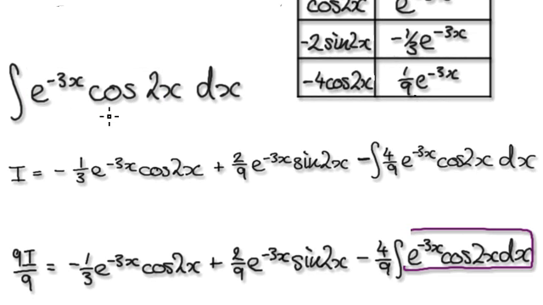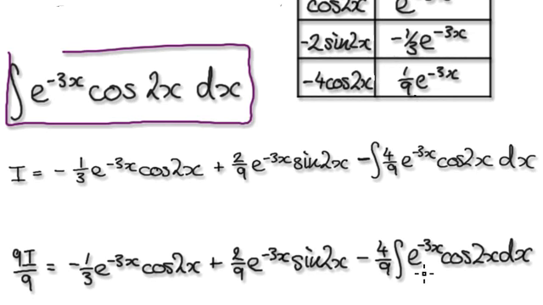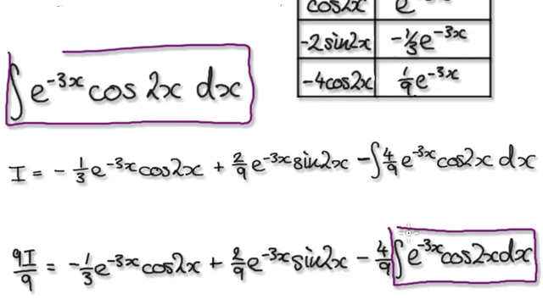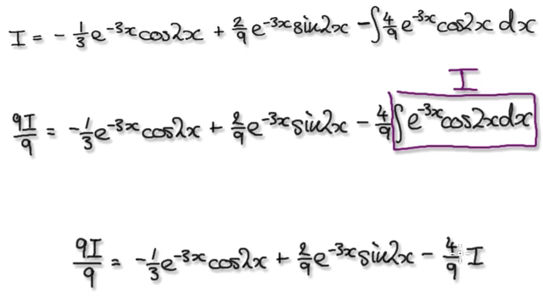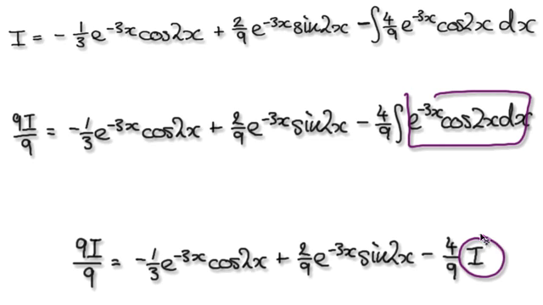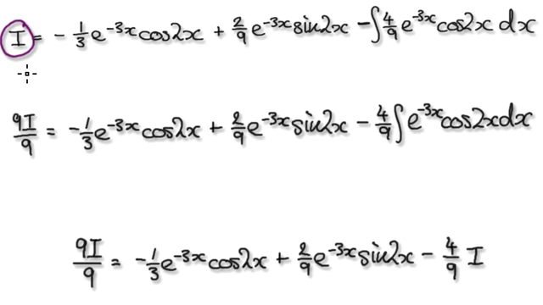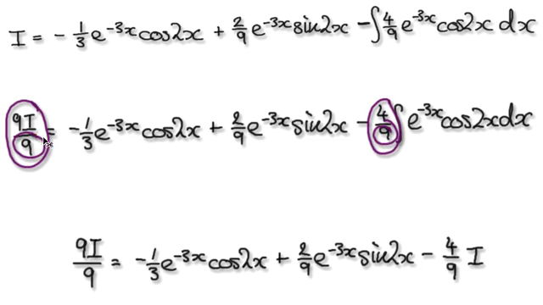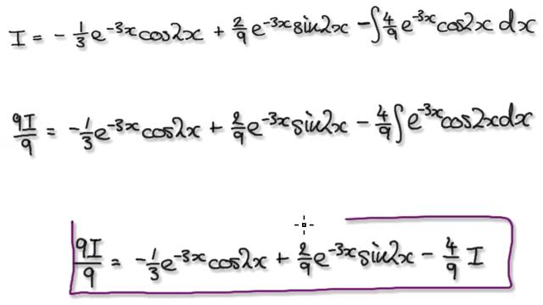So earlier we said let this be capital I, so we can call this capital I. That will then take us to here, 4 over 9 capital I. And then here we just reimagine it as 9 over 9, which is 1, because we want to get the same denominator, a 9 here and a 9 here. Think it through, and it will take you to this stage here.